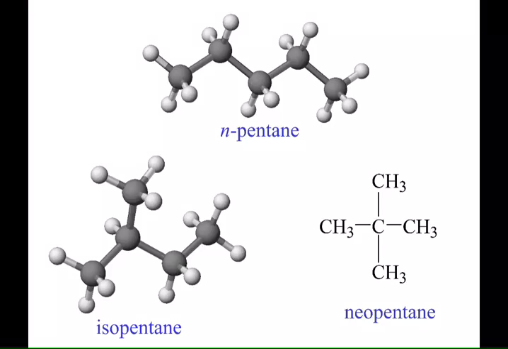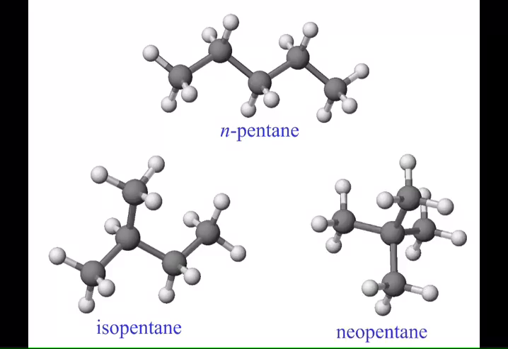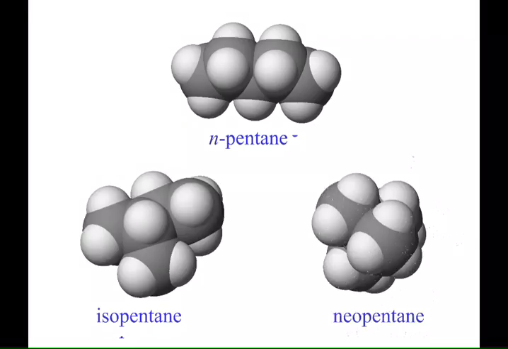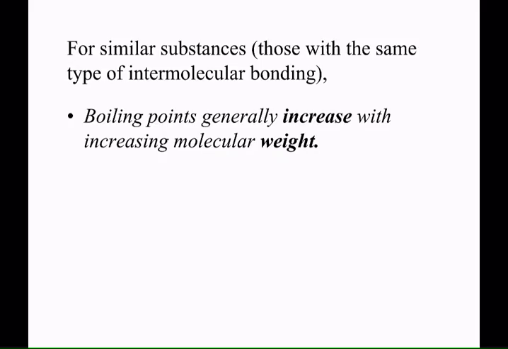But the neo has the most branching. And you're not going to have to memorize the ISO and neo. I would give you those structures. And one last one. Blob, cute little blob that it is.